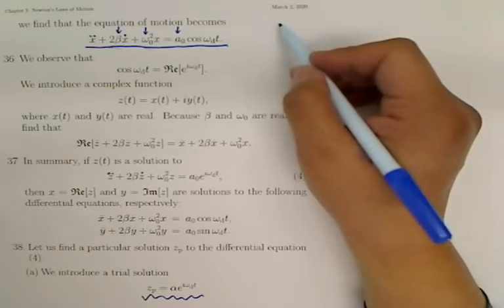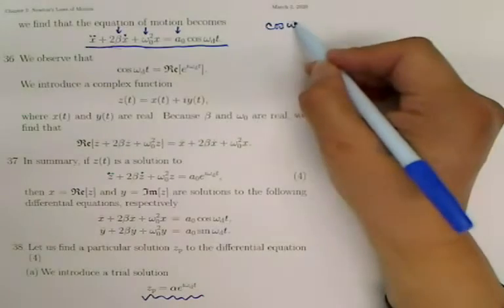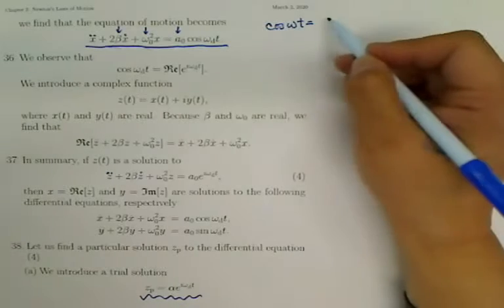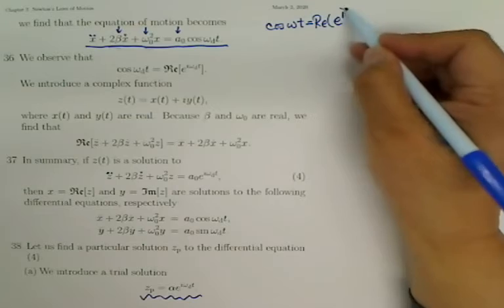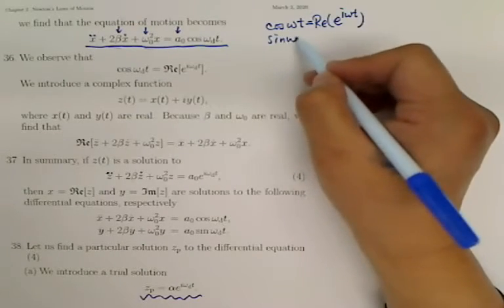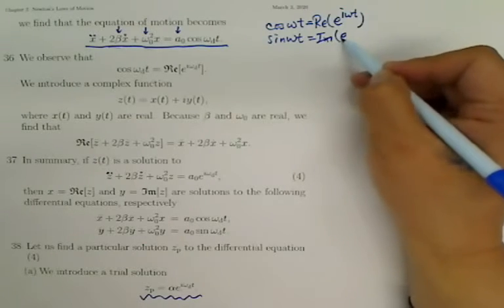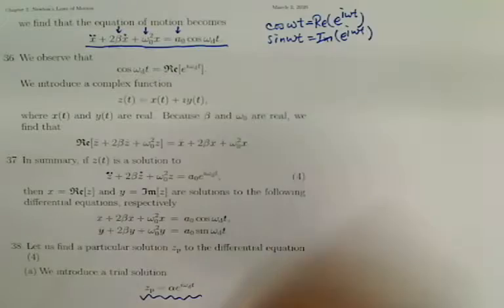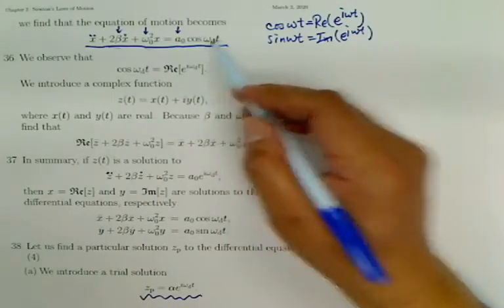Cosine omega t equals the real part of e to the i omega t. Sine omega t is the imaginary part of e to the i omega t. So this is the real part of e to the i omega t.